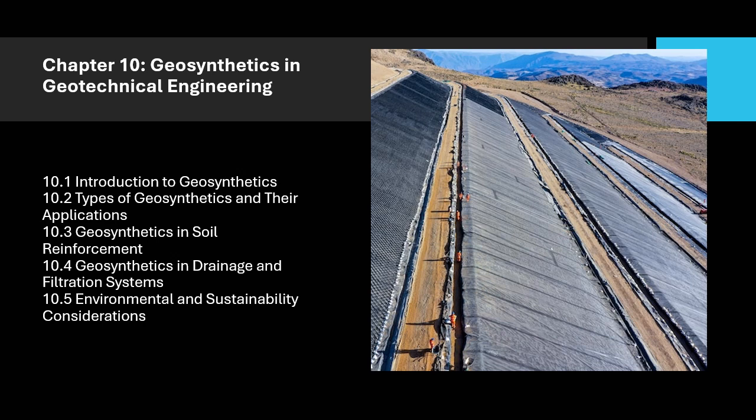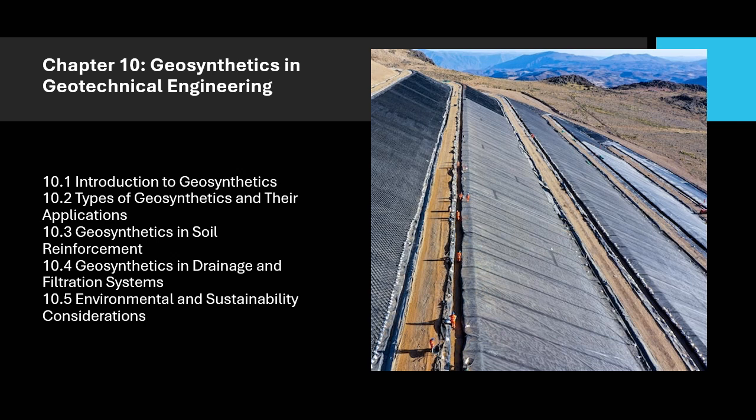3. Reducing pore pressure. By allowing water to drain away from saturated soils, geosynthetics help reduce the pore pressure in the soil. This minimizes the risk of soil instability, particularly in areas subject to liquefaction or settlement. 4.